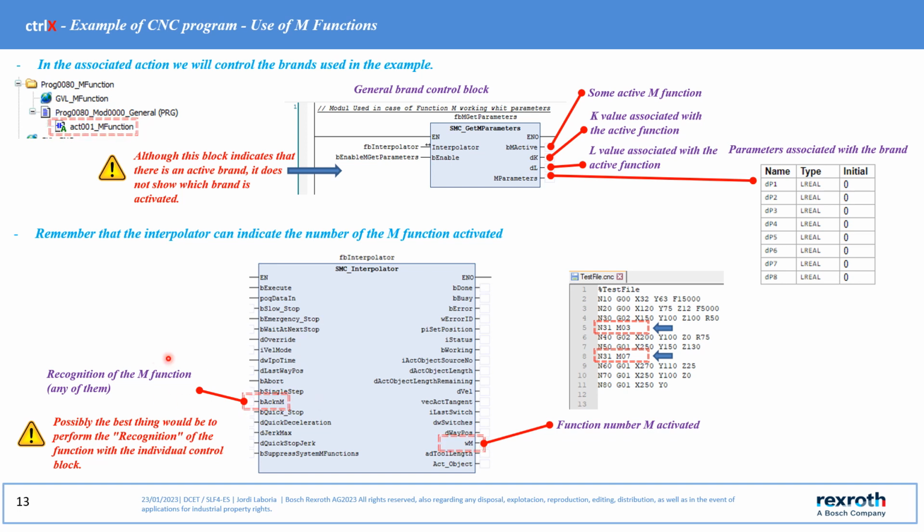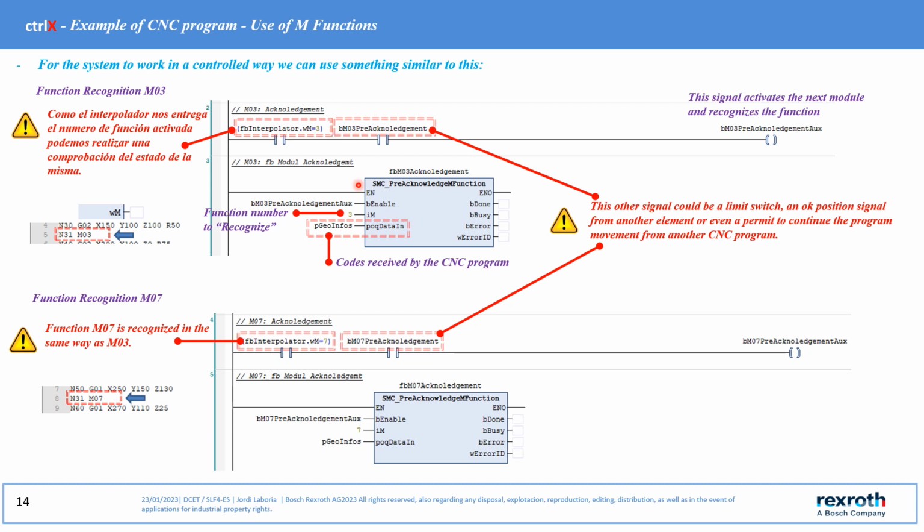It is possible to acknowledge the function globally, although the use of individual acknowledgements is preferable. For the system to work, we should control the acknowledgement in a similar way to this, using the interpolator signal that tells us which function is activated.